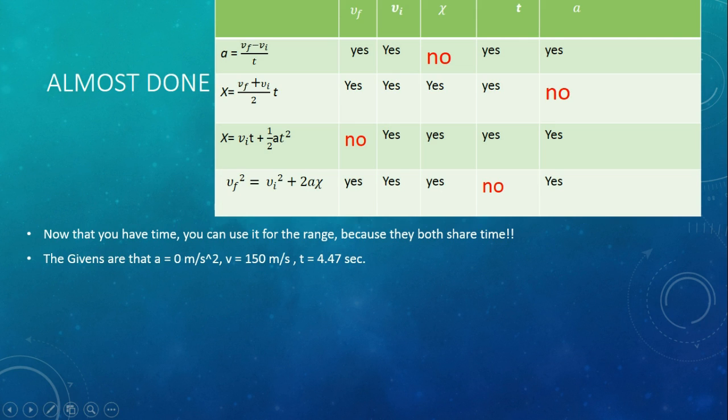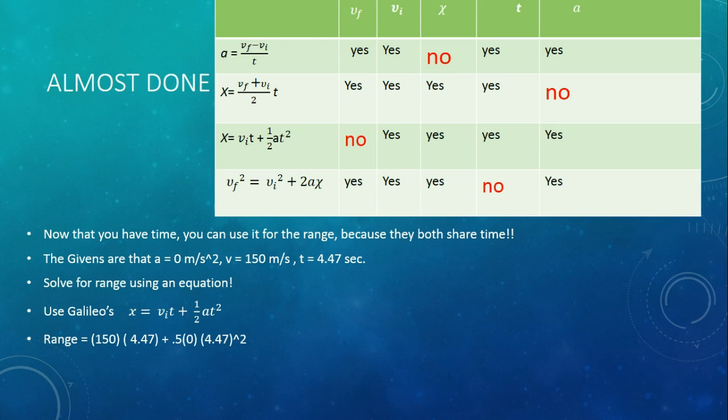So which of the following equations doesn't have a final velocity? That happens to be Galileo's equation again. And so we plug in all our information, and since acceleration here is 0, we can cross out the second part. So we're basically left with distance equals rate times time.